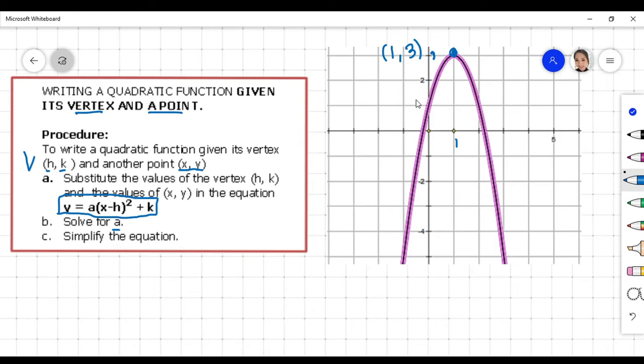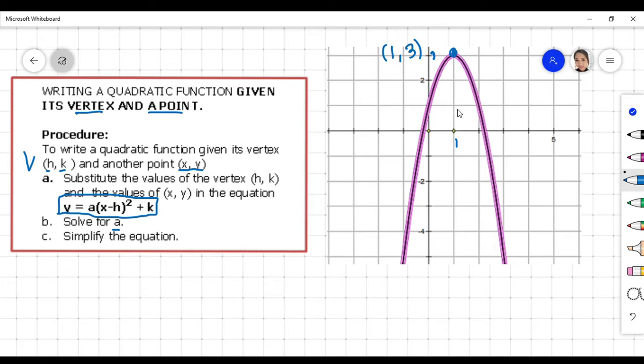And we will choose one point or a point of our parabola other than our vertex. So it's up to you what point. However, I will choose a point which is an intercept because it makes my solving much easier.